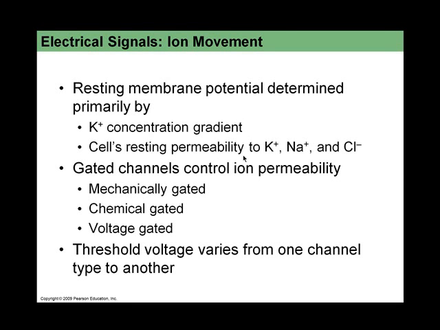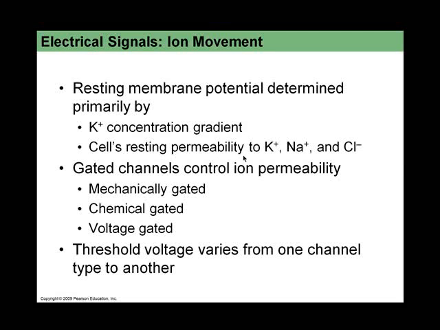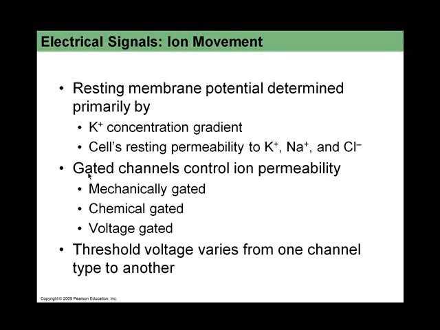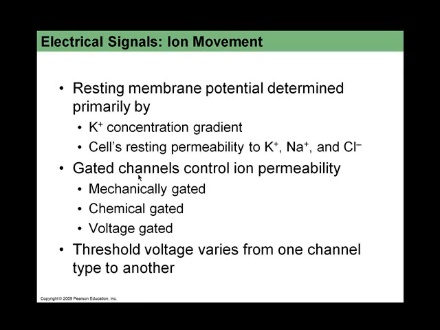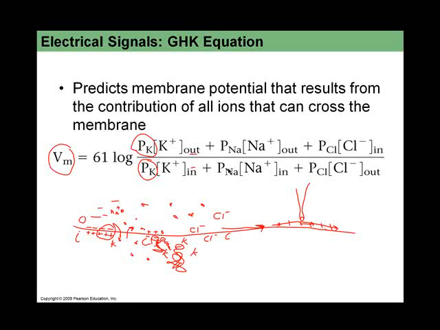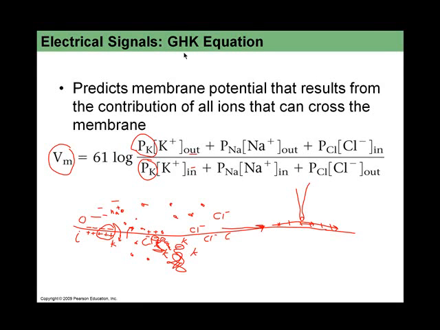And to alter state 1 from resting membrane potential to any other state, or the dynamic process to achieve that second state, we are considering gated channels. The gated channels are the ones controlling the ion permeability, the P-values in the Goldman-Hodgkin-Katz equation, right?